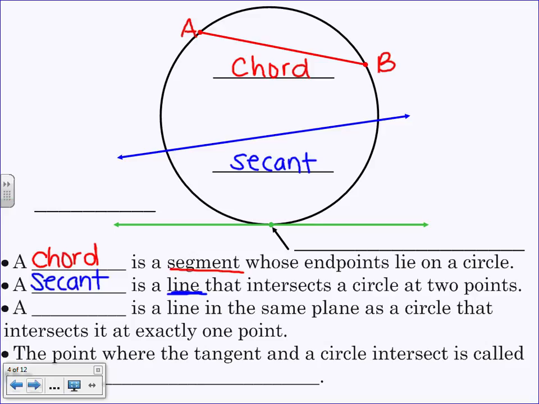So that blue line is a secant. Okay, now, where the line crosses our circle at 2 different points, those may be named, or you may see this named as line L. Okay, it may be named both ways.